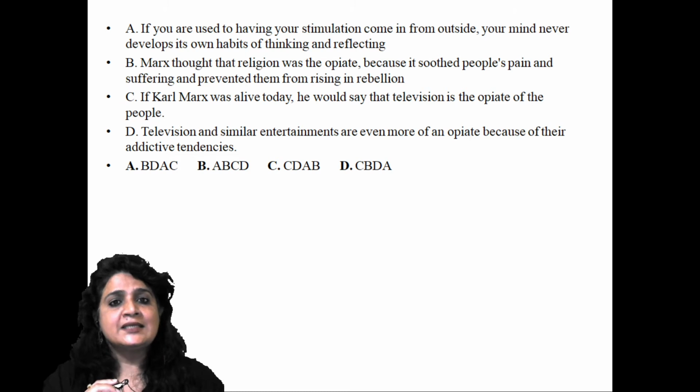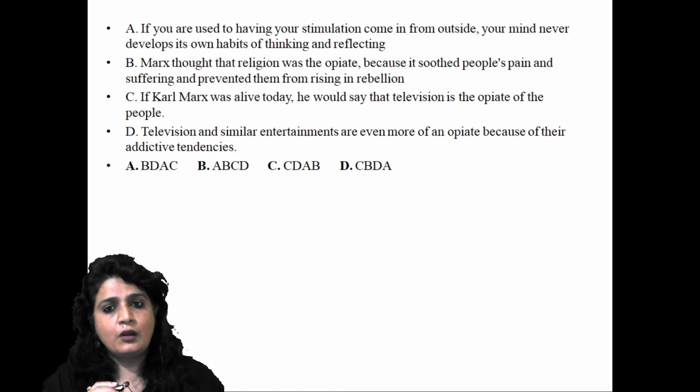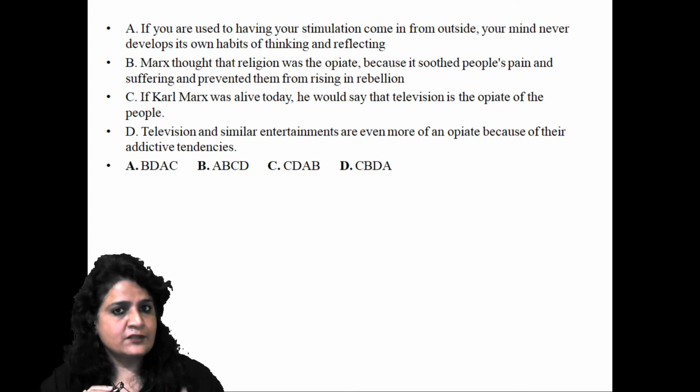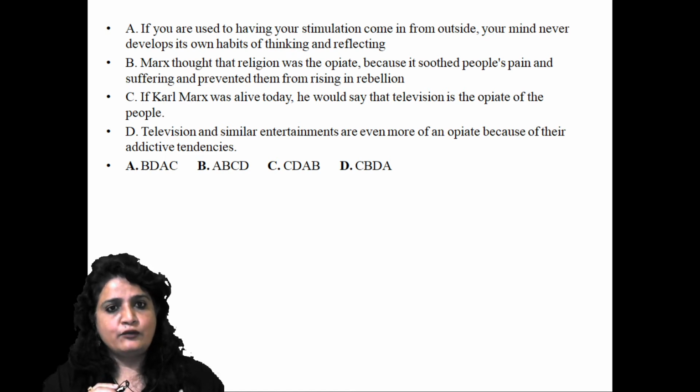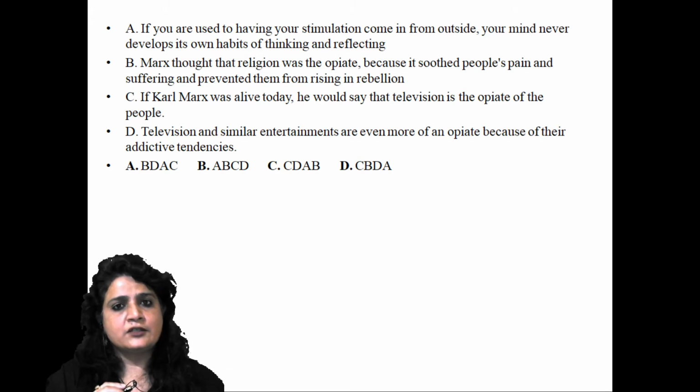This is extending the idea further because it says why he thought religion was the opiate, right? So, as we understood the paragraph: introduction of the topic, extending that idea further. So B is actually extending that idea. That is why the sequence starts with C followed by B, right?